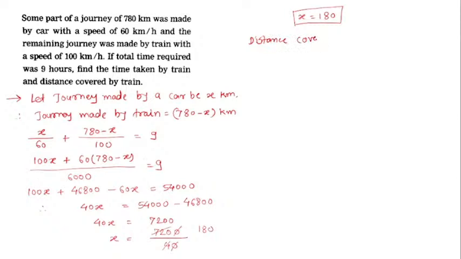Distance covered by train is equal to 780 minus x. That is 780 minus x ची व्हॅल्यू आपण काढलेली आहे 180. So this is 780 minus 180, 600 kilometers. So this is the answer of the first question, that is distance covered by train, it's 600 kilometers.